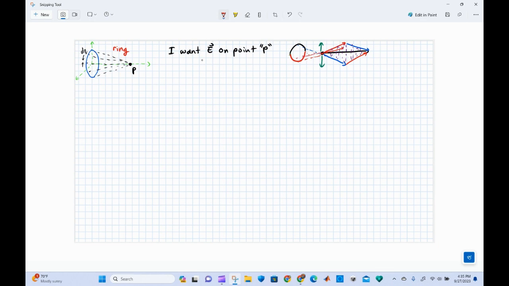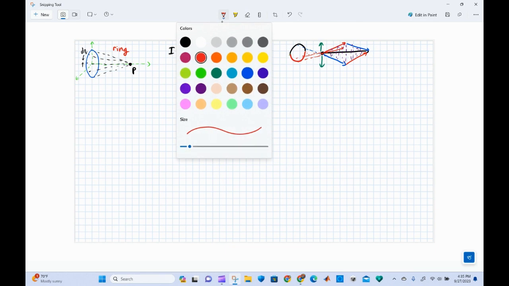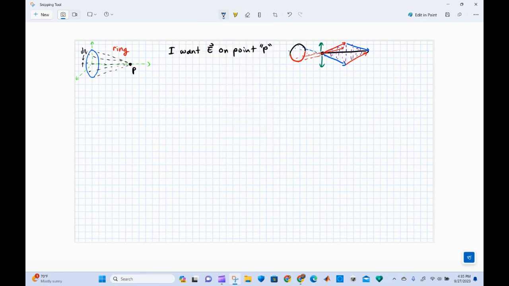Yeah, you get it. And then the blue one, let me draw a little bit of this, and then blue is like this, red like this. It's a helpful visualization of what's happening.